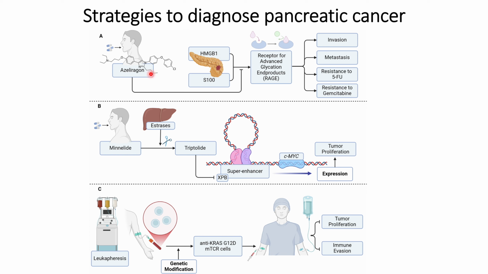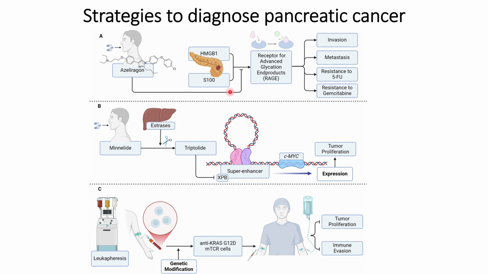So if we use azeliragon, which can compete with these RAGE ligands, that is, the receptors that interact with these ligands, RAGE in full form being the receptor for advanced glycation end products. If these ligands bind to those receptors, that helps invasion, metastasis and chemoresistance.